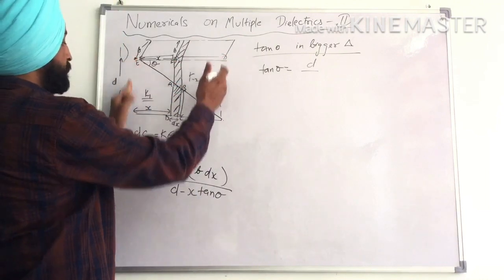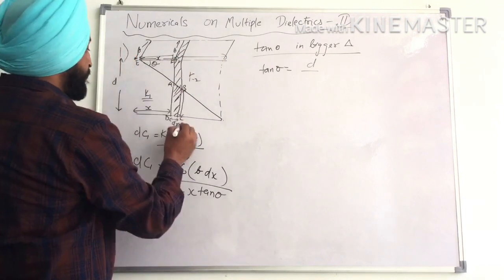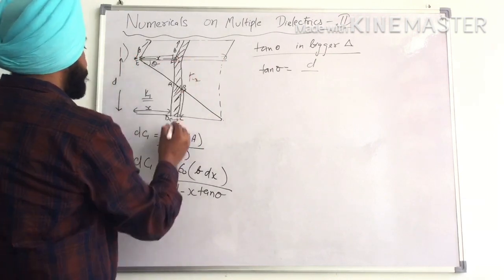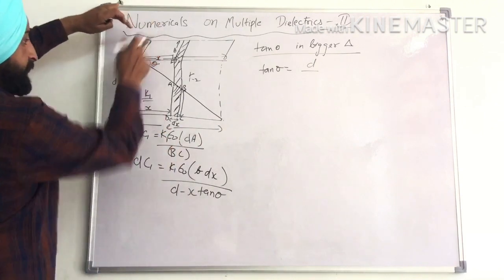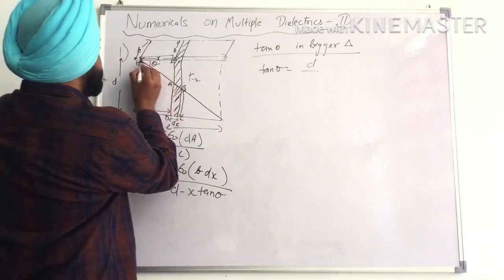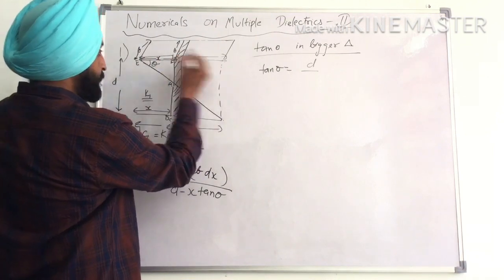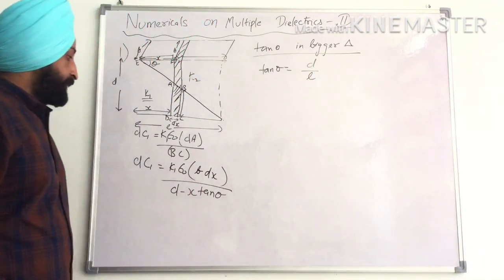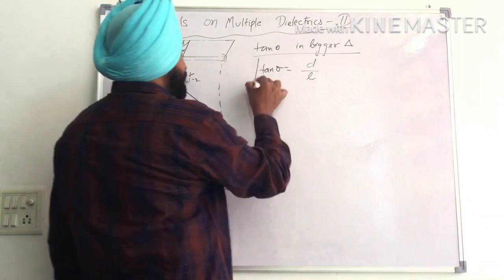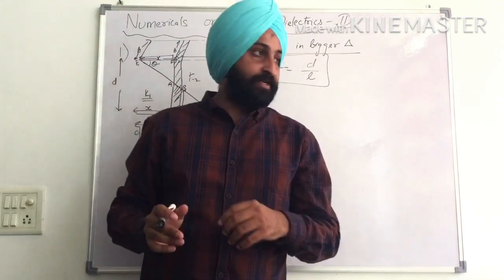Now base will become this. We have already taken length of this plate as L. Width of this plate is B. So what will be base? Base will be this value here to here, and this is length of the plate. So I will be taking it as L. Fine. So tan theta is equal to D by L. This is what we got from a bigger triangle.